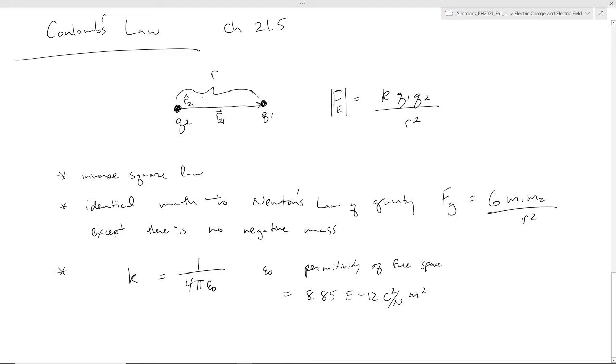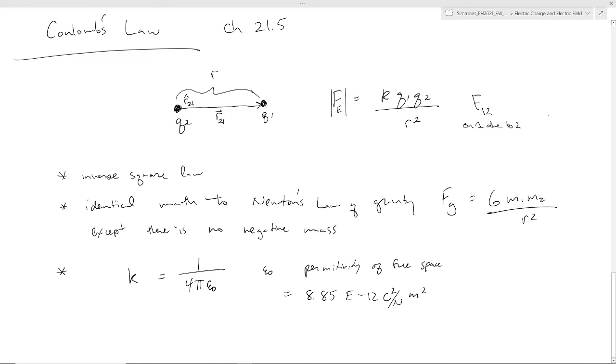So the better and more complete way of writing this would be to say, okay, the force. Another thing to be careful about is to be very mindful of your subscripts. We're going to call this F12 for the force on 1 due to 2.